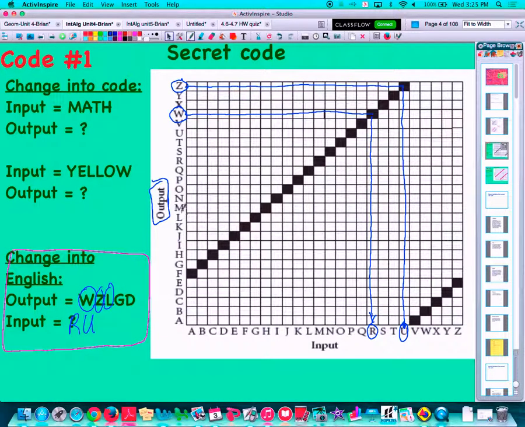L, find letter L on the output, and that goes with letter G. G on the output goes with B, and D on the output, going back to the input, followed all the way over, goes down to Y. So if we are given the output, we should be able to decode it, work backwards to figure out what the input would be, and that actually should be a word, and in this case, it is the word rugby. All right?